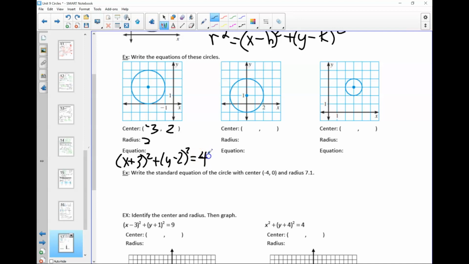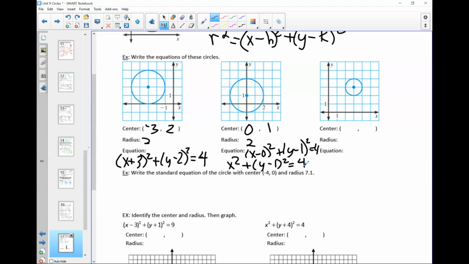Okay? The center of the next example is at 0, 1. The radius is 1, 2 units. So we'll have x minus 0 squared plus y minus 1 squared equals 4. You don't need the x minus 0, so you could just do x squared plus y minus 1 squared equals 4.